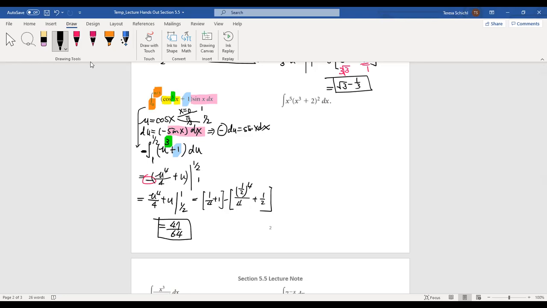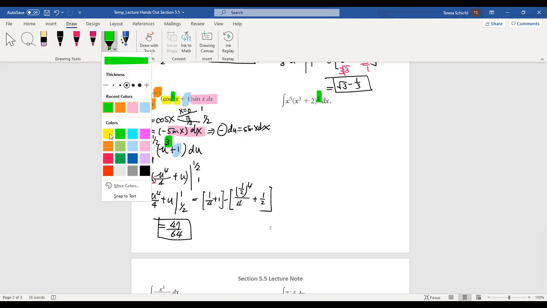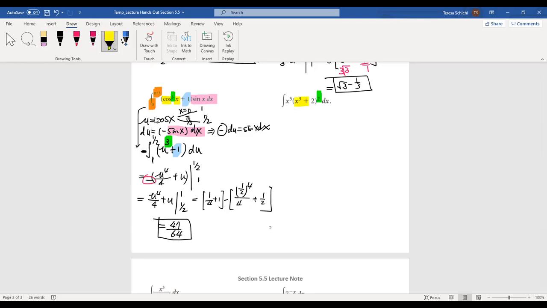Okay, so this is x cubed plus 2. The thing that caught my eye here is probably this power rule. So this probably is my function here, and this probably will be my u here, right? Now I have these remaining terms here. Let's take a look. How do we do it?